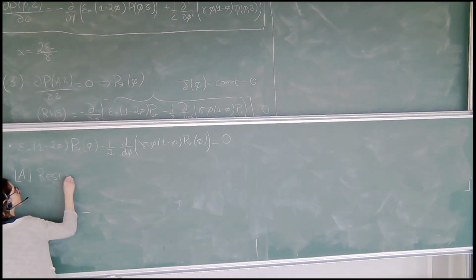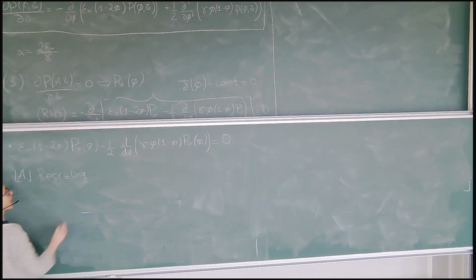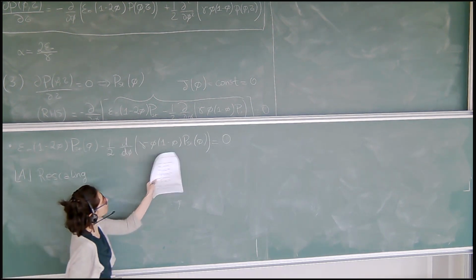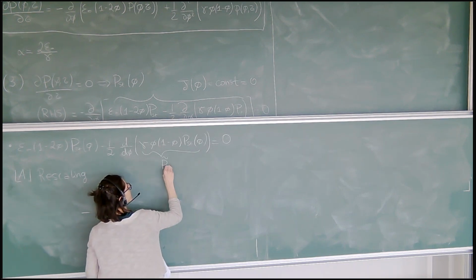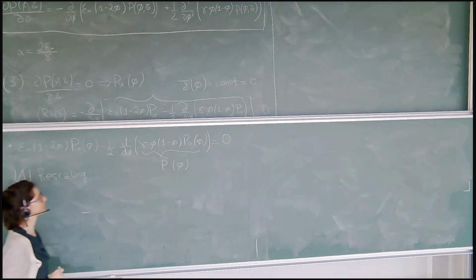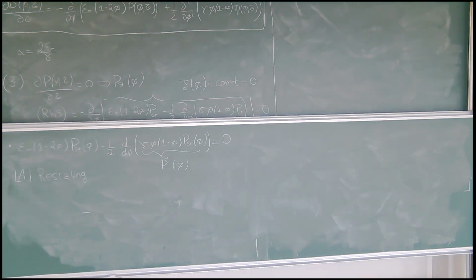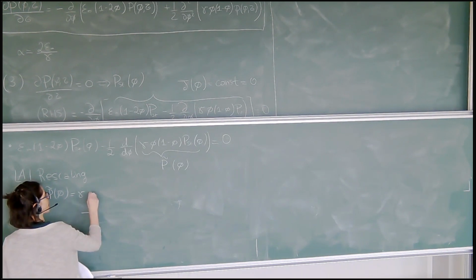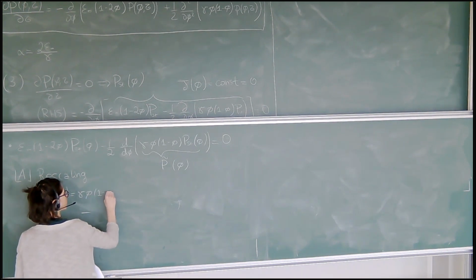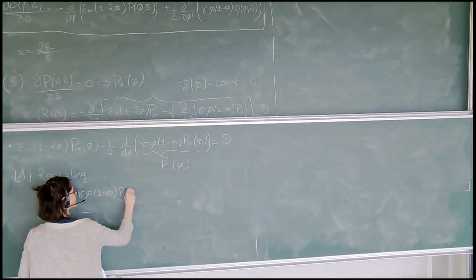So the first step is to do some rescaling. You see I have a linear equation, but here I have phi which appears everywhere. So let me define this as some p tilde of phi, so that I have the derivative of p tilde, which is easier to handle. So I introduce p tilde such that this is gamma phi 1 minus phi p stationary.